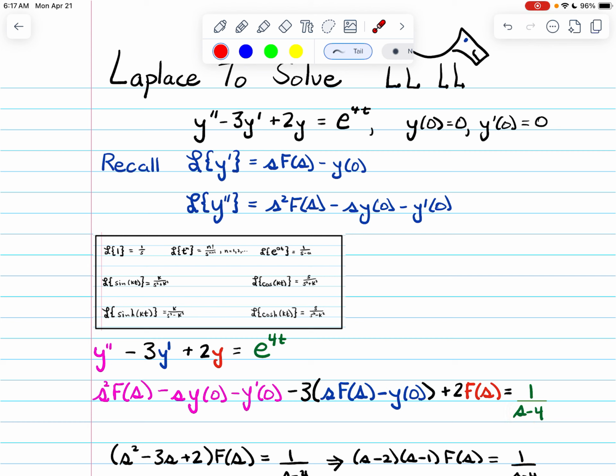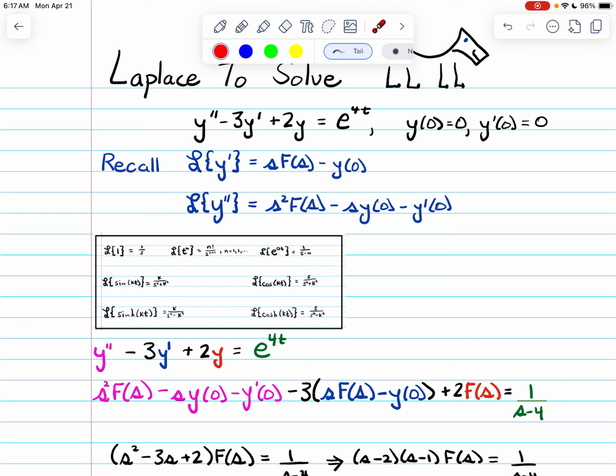Now, sometimes you'll get something over here that's messier. Like here it was easy. We could find the Laplace transform of that e to the 4t. Oftentimes you'll get something where it's not so easy to see what the Laplace transform is.